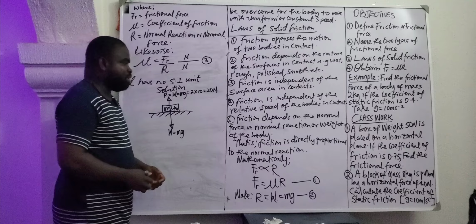We say friction is a force which acts at the surface of separation of two bodies in contact and opposes the motion of one over the other.